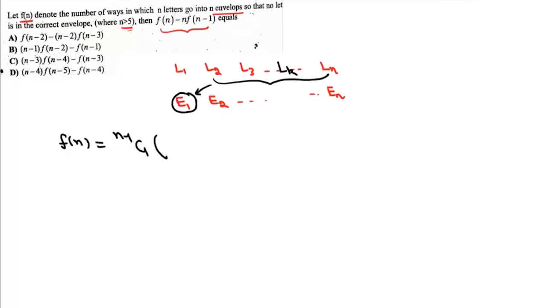Now we have two cases. Case 1, when this LK goes into E1 and L1 goes into EK, then we are left with derangement of remaining n minus 2 letters. So it will be nothing but F n minus 2. Or this other case where LK goes to E1 but L1 doesn't go to EK. Now in this case we'll have derangement of remaining n minus 1 letters.